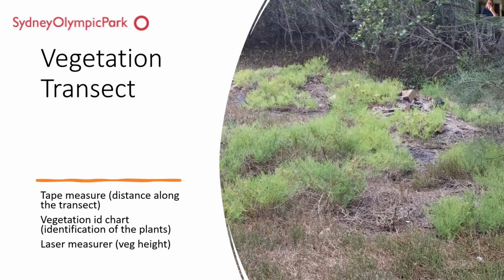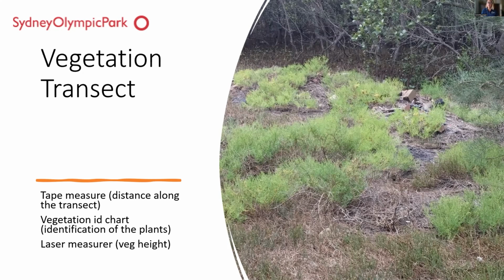The other one is a vegetation transect. In our case, we're working in intertidal wetlands, and it's looking at the type of vegetation from one point to another through the landscape. This is going to be a straight line, and you would run a tape measure from one point to another, it could be over 100 metres.